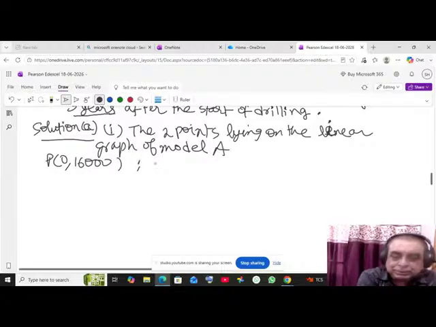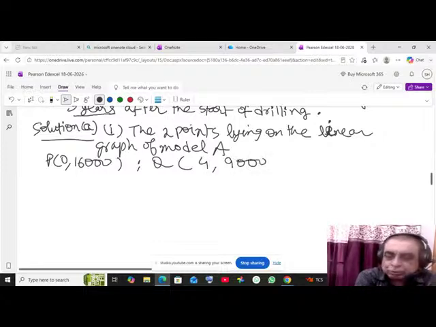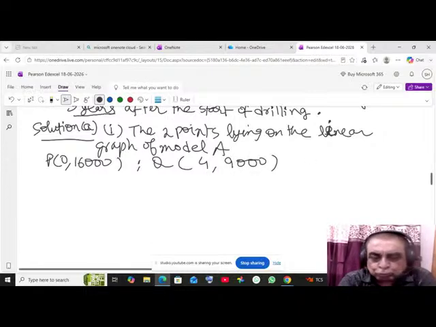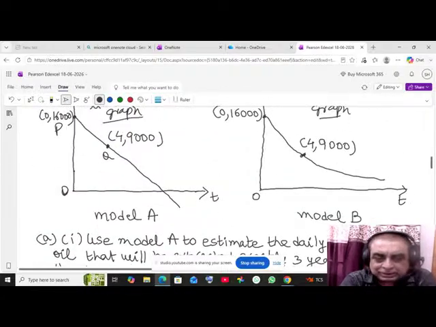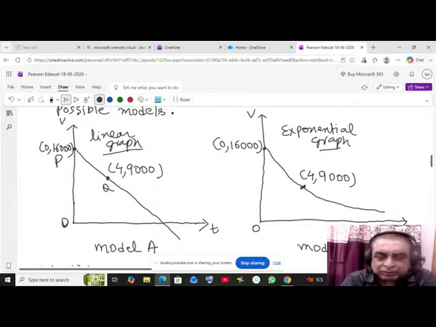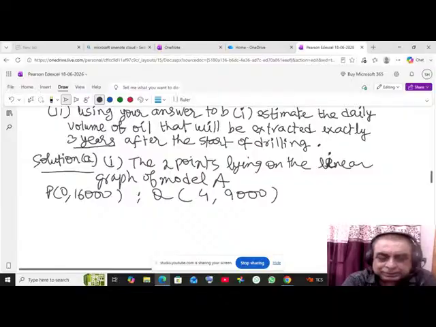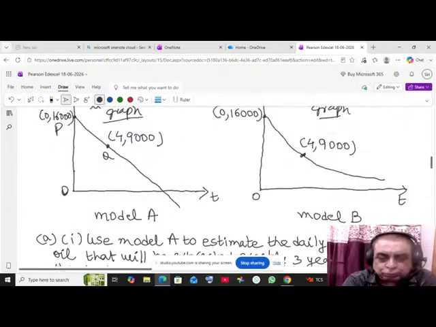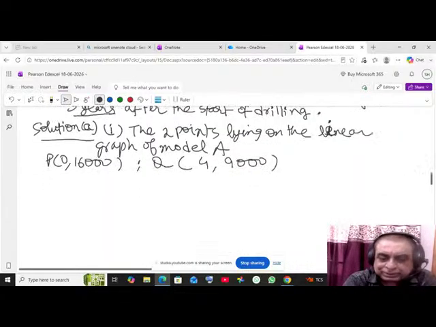The second point Q has x coordinate 4 and y coordinate 9,000. So 2 points are given on this linear graph.